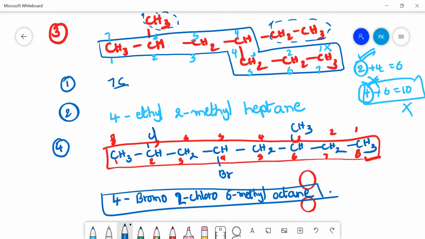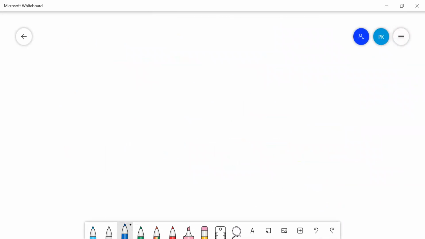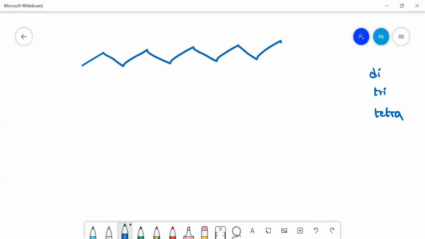Okay. So one more last example I will tell you. When more than one substituent of the same kind is there, then you have to use words like di, tri, tetra. So let me explain with one example. Let us take a carbon bonded structure, students.